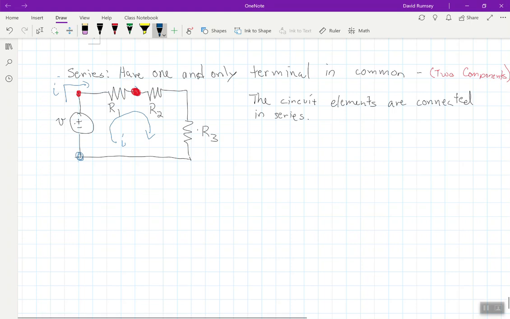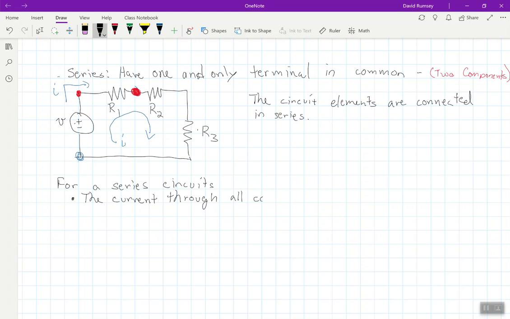And for a series circuit, the current through all components is the same.